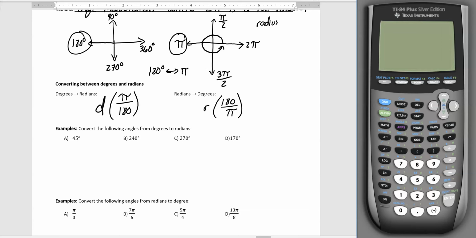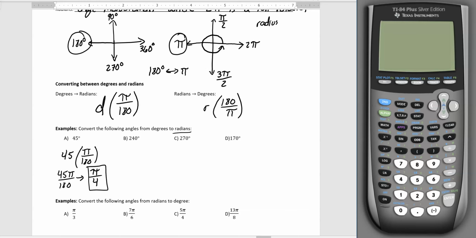So let's try a few of these together. Let's say we have a 45 degree angle. So if I want to convert it to radians, I would say 45 times pi over 180. And that would give me 45 pi over 180. And then I just need to simplify the fraction. That would simplify to pi over 4, because 180 divided by 45 is 4.